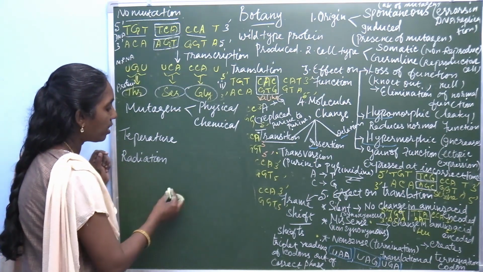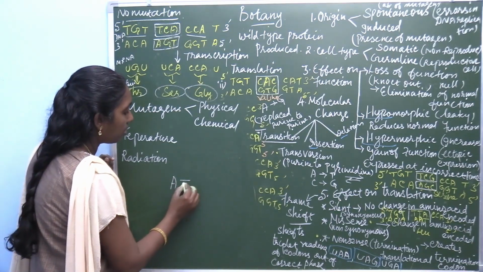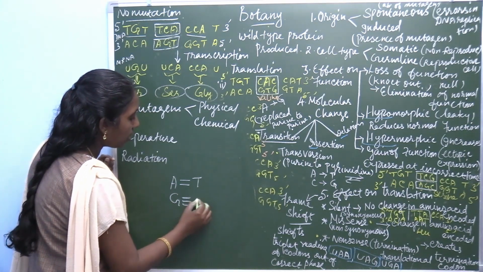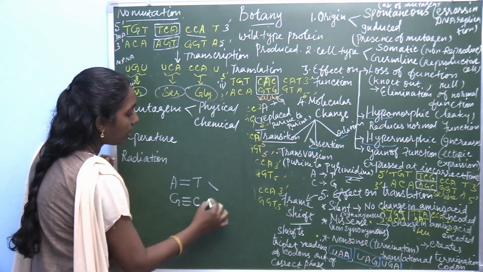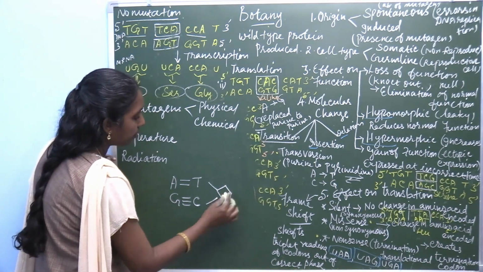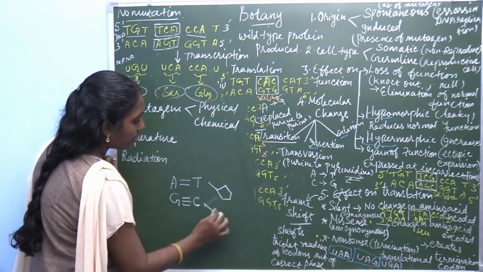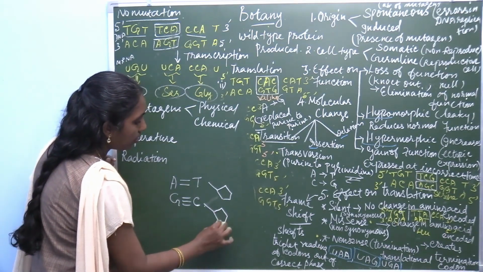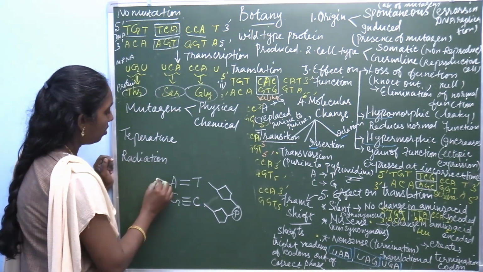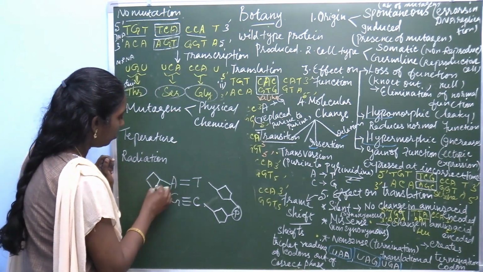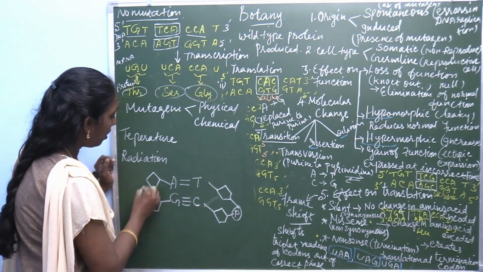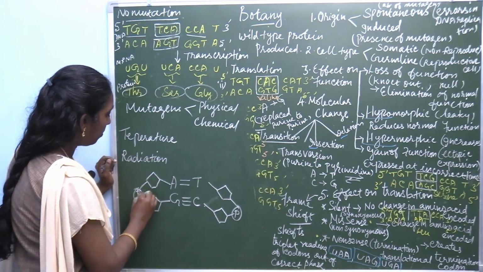In this sequence, adenine combines with thymine, and guanine with cytosine, with a pentose sugar and phosphate group.